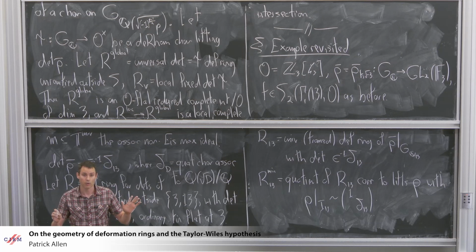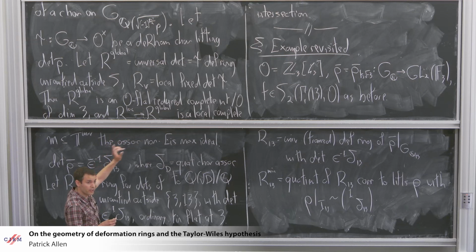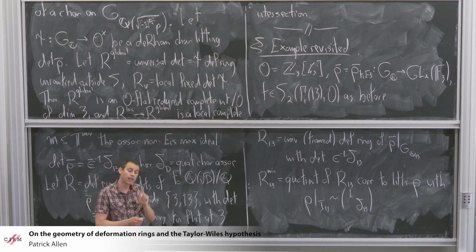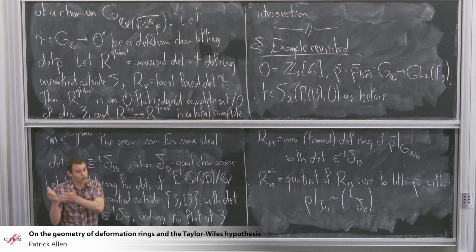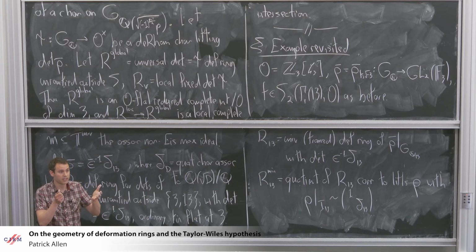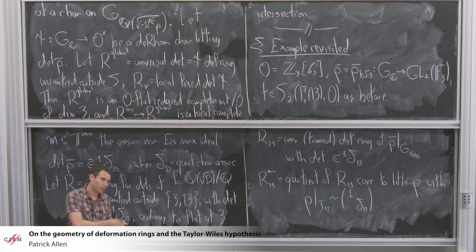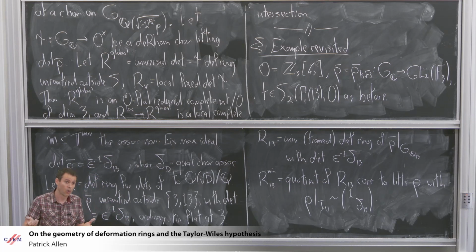It's not expected to always be a complete intersection over O. But what should happen, at least if H^0 of the adjoint vanishes, is that the reason the global thing is not a local complete intersection is only because the local thing is not. So you should always be able to present the global thing over the local thing in some complete intersection way, but then any extra singularities, like not a complete intersection but Gorenstein, or not even Gorenstein, should just be coming from the local deformation space.